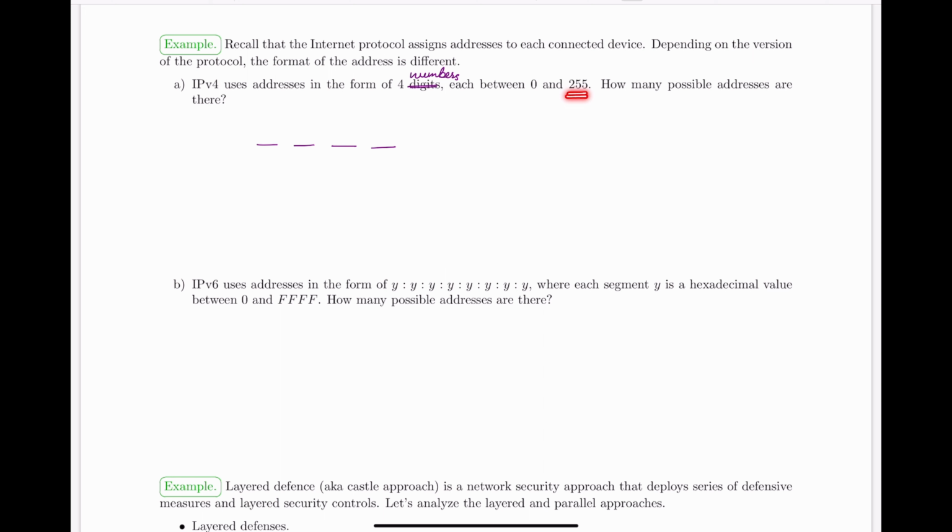So there are 255 non-zero numbers, and together with a 0, the first number has 256 options. So does the second, because they don't have to be distinct. So does the third and the fourth. Now, because I do have to pick all of them in order, and generally they all have to be picked consecutively, I'm going to apply the multiplication principle here and multiply them all together. So 256 to power 4.